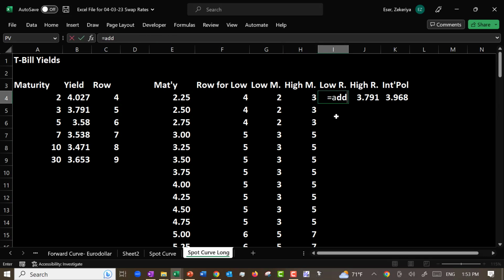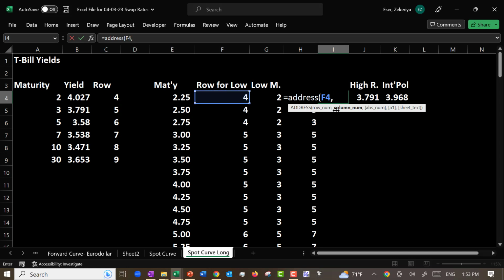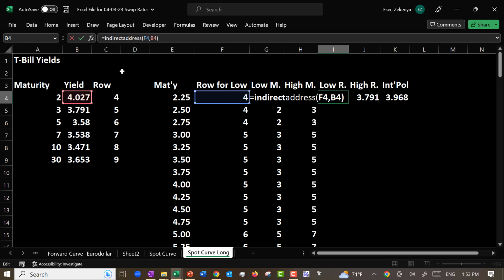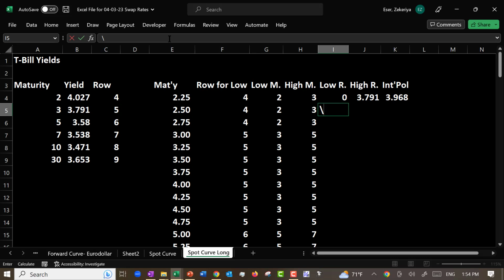Same deal with this. Address, fourth row, but I want the second column, and I want the indirect reference to it. Again, as I said, we could do these manually. I just wanted to teach you how to do that sort of stuff. Wait a minute.